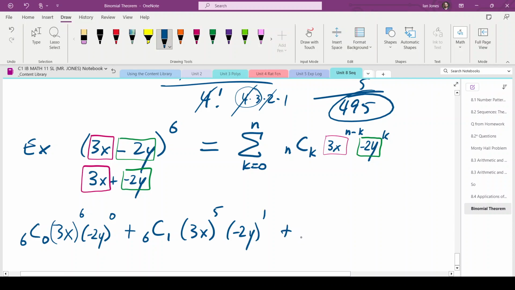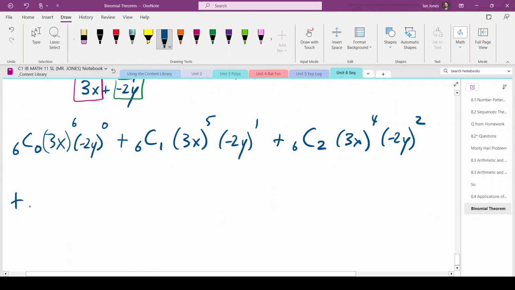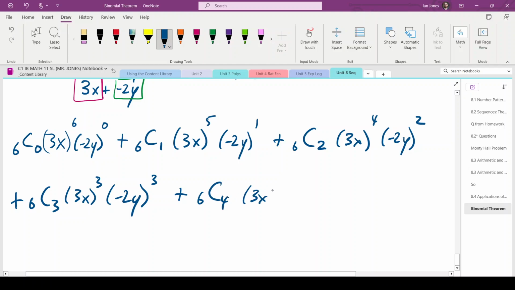Then I have 6 choose 2, 3x to the 4, negative 2y to the 2, plus 6 choose 3, 3x to the 3, negative 2y to the 3, plus 6 choose 4, 3x to the 2. So it's going right, 6, 5, 4, 3, 2. Yep, that's fine. 0, 1, 2, 3, 4. Yep, that's fine as well.